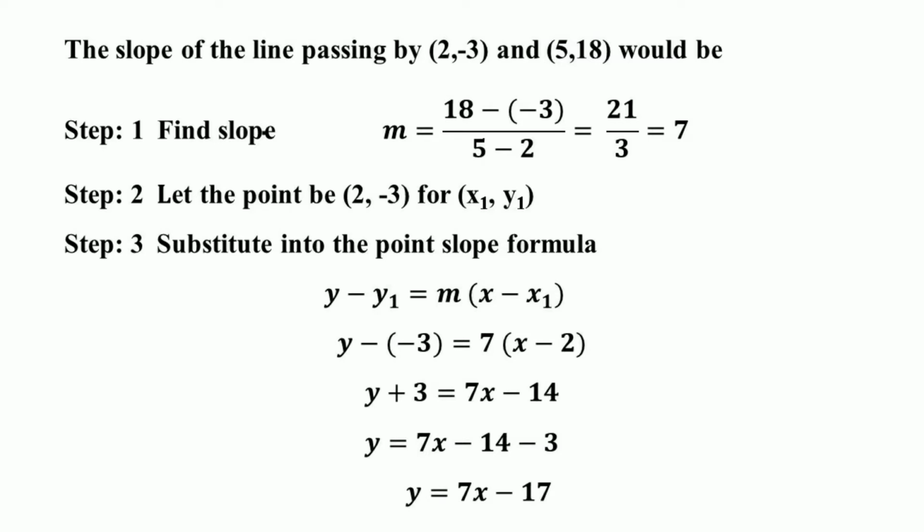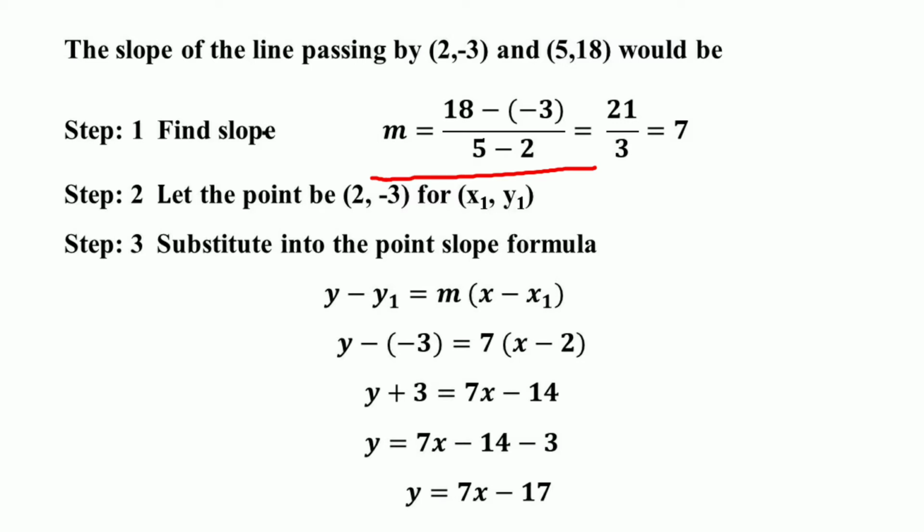Consider an example. Find the equation of the line which passes through the points 2, minus 3 and 5, 18. So here the first step is to find the slope of the given 2 points, that is, the slope is equal to y2 minus y1 divided by x2 minus x1.